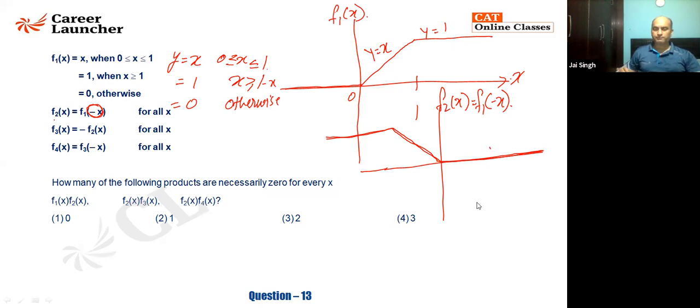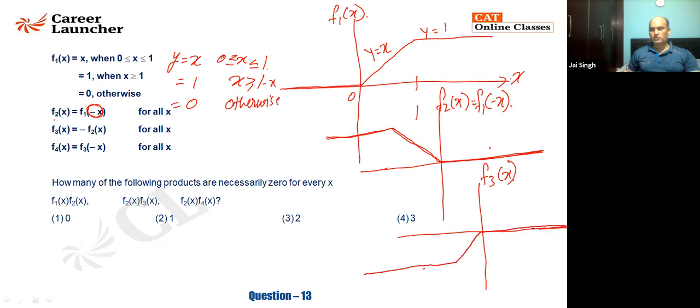The third one. f3x. I will say this is f2x, but in f3x, y changes to minus y. Y changes to minus y means the plus y changes to minus y. So this is known as a water image.